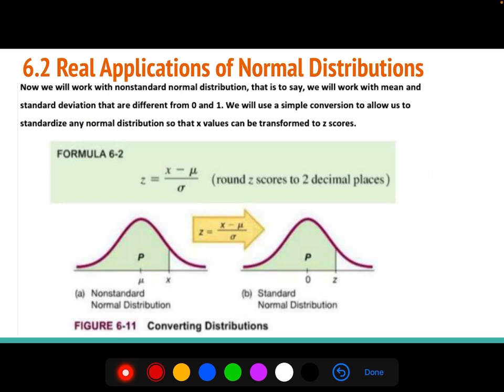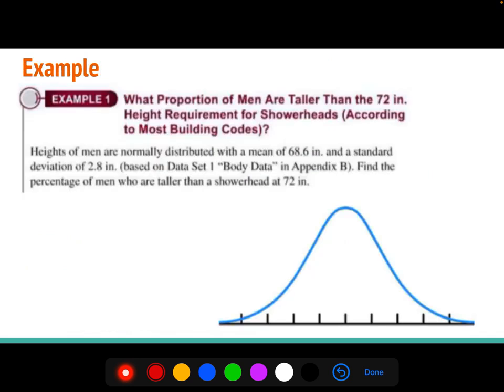Now into 6.2, we're going to look at some applications of normal distributions. So the first thing we have up here is a conversion from a z-score from a non-standard normal distribution to a standard normal distribution.